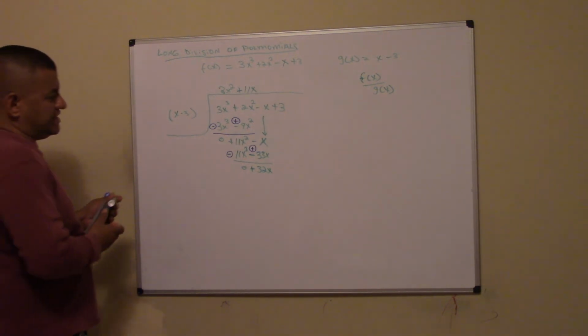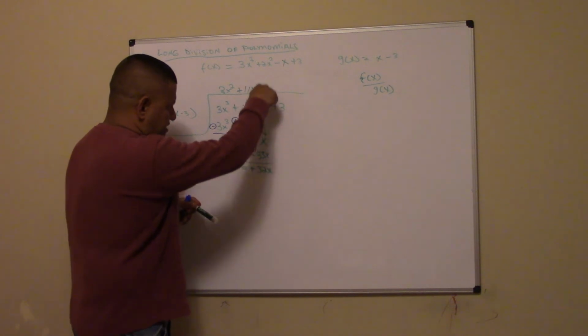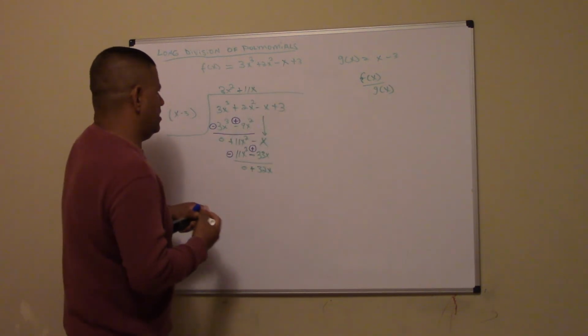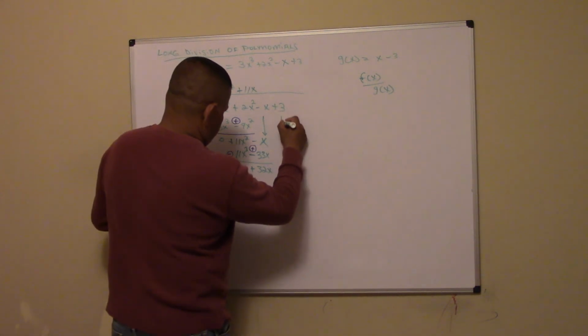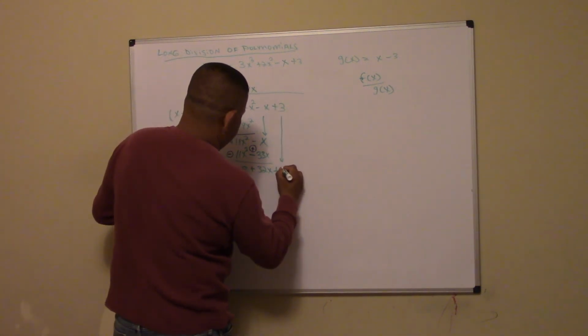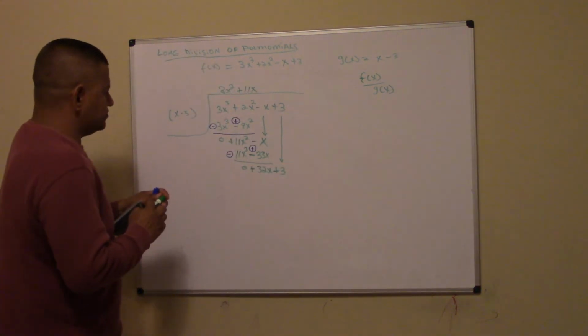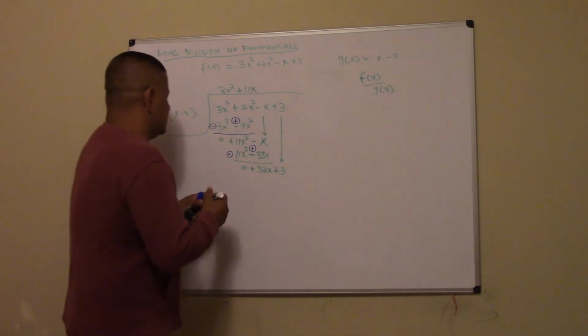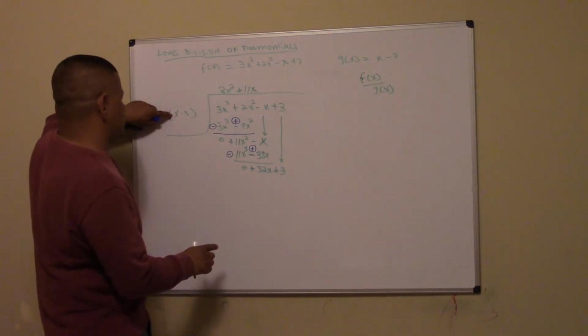Now I used the negative x that I brought down. Now I'm going to bring the 3 down. That is a plus 3. Let's do the process again. Notice that this term is equal in degree to this term.